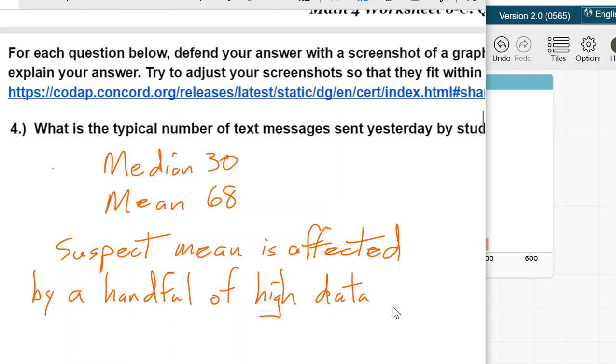Those 400 and 500 that were dragging the average in a direction which wasn't really a good one. So I'm more inclined... I guess I can't change my colors here, but that's probably the one we're going to go with. As I say, typically 30 text messages a day by your average youngin.